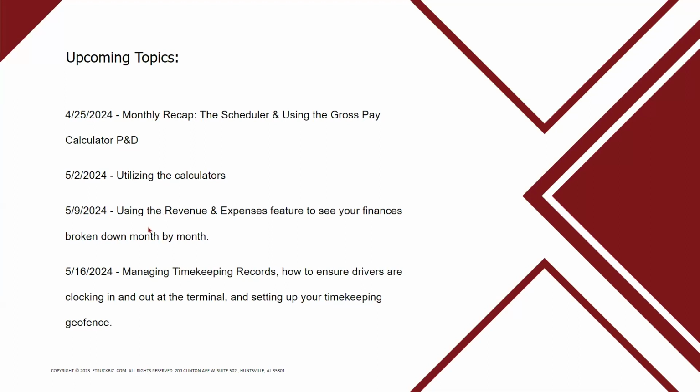So utilizing that and being able to see where that money's going, and how you can adjust it, is a great tool to use. And then also, like we talked about before, managing those timekeeping records is not a joke. One, having a timekeeping system, and two, actually making sure that it is accurate, are two of the most important things about having timekeeping. Okay, so we'll be going over all of that.